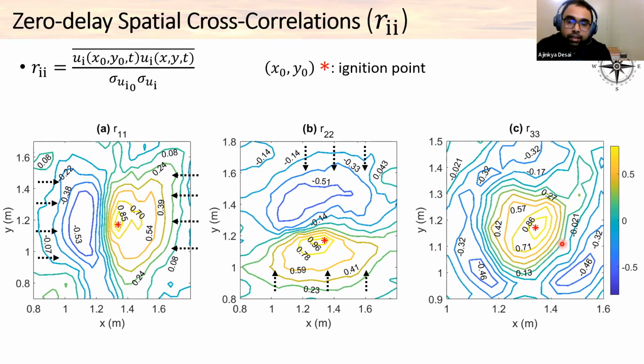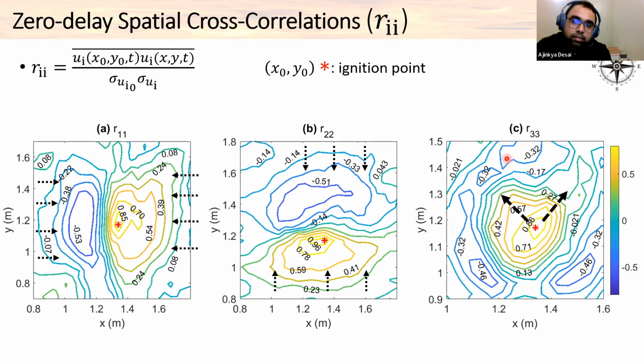If you look at the vertical velocity component cross correlations, you see that in the initial stages of the fire, there seems to be a preferred direction for the spread of the fire. That might be because of heterogeneity in the fuel bed, but then owing to perhaps a local shift in the wind, there is another change in the direction of the fire, and then the fire starts to spread more or less in the radial direction, radially away from the ignition point is what I mean.